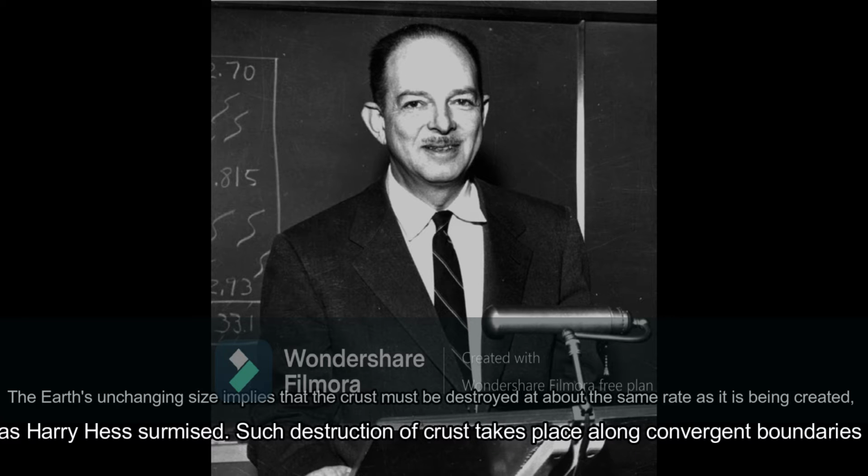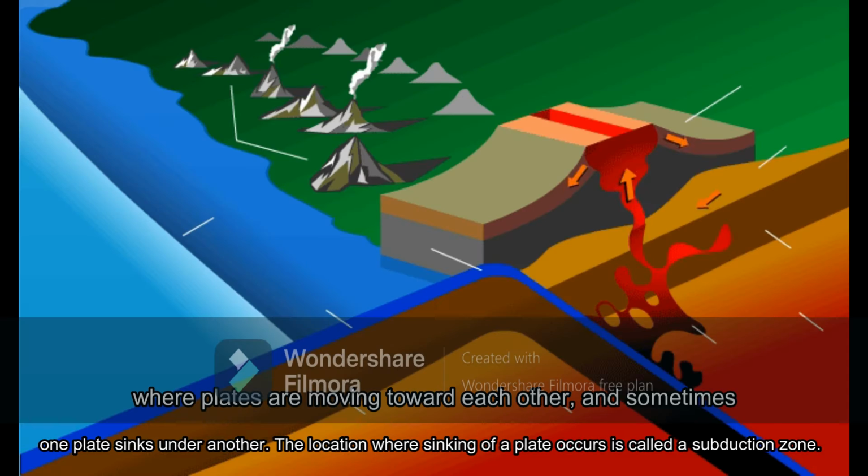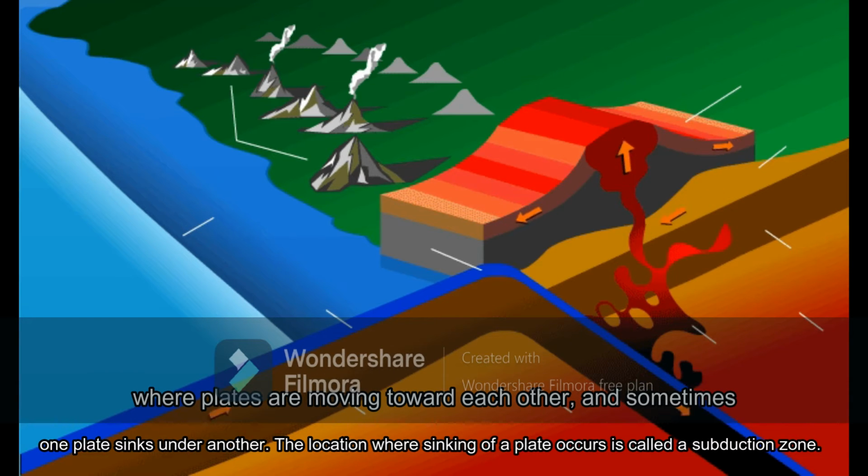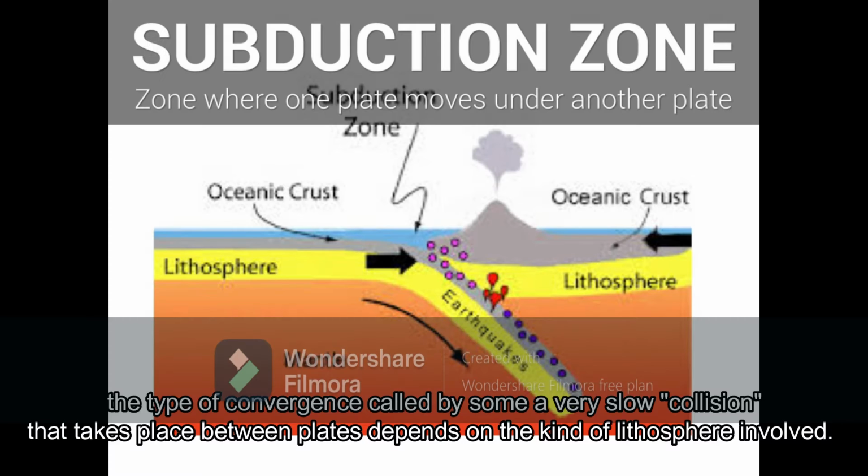Such destruction of crust takes place along convergent boundaries, where plates are moving toward each other and sometimes one plate sinks under another. The location where sinking of a plate occurs is called a subduction zone.